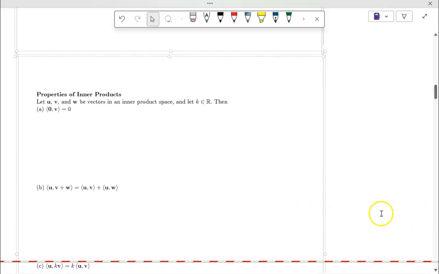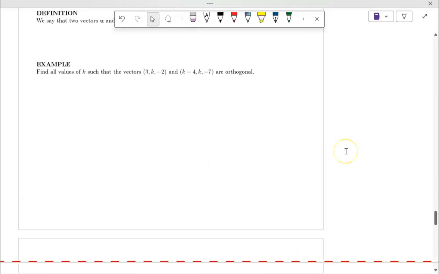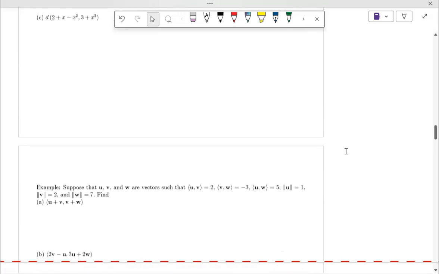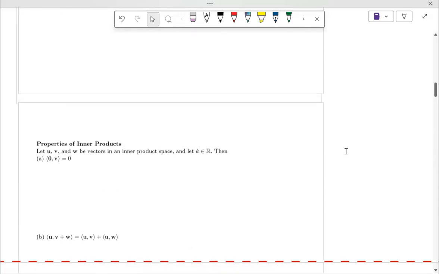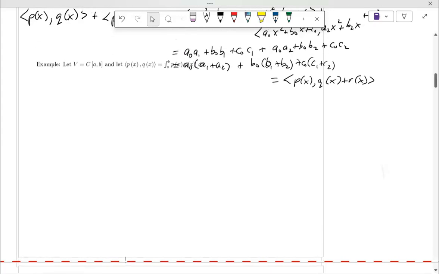Did it move something on me? Sorry. Let's try to get back to where I was. It looks like I missed a page on there. Now that I have it, let me make sure. All right. Well, anyway, sorry.